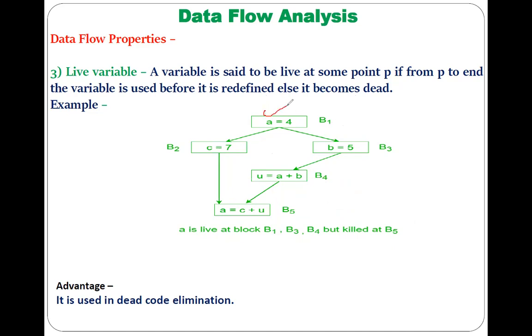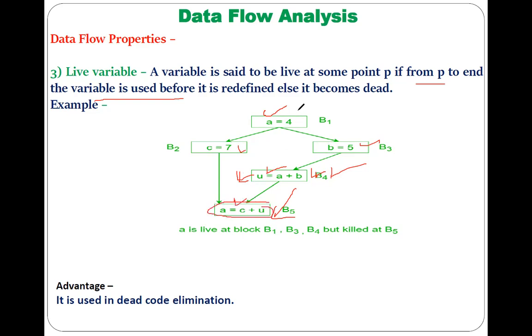So here A is considered as a live variable because A is said to be live at the points B4, B3, B2 if from B2, B3, B4 to the end, the variable is utilized. So it is utilized in the B4. Even if it is not utilized in B2, B3, the value of A is still available here, but it is utilized here. That is, we can say it is live at the B4, and it is live because it is getting utilized before it is getting redefined here.